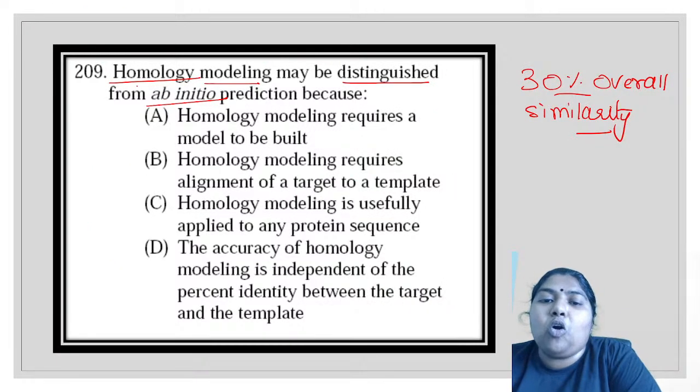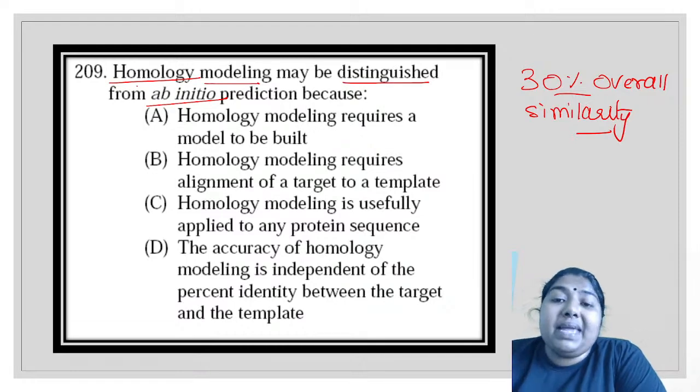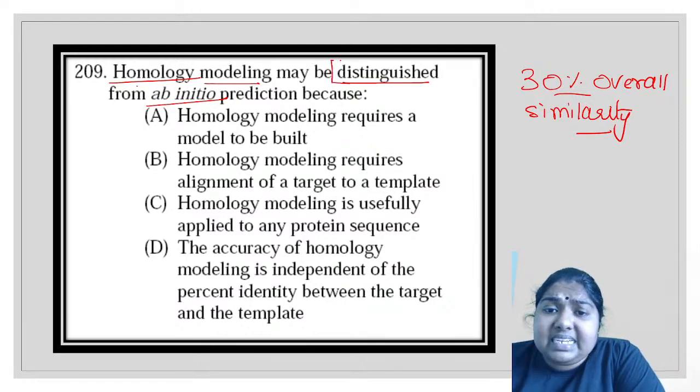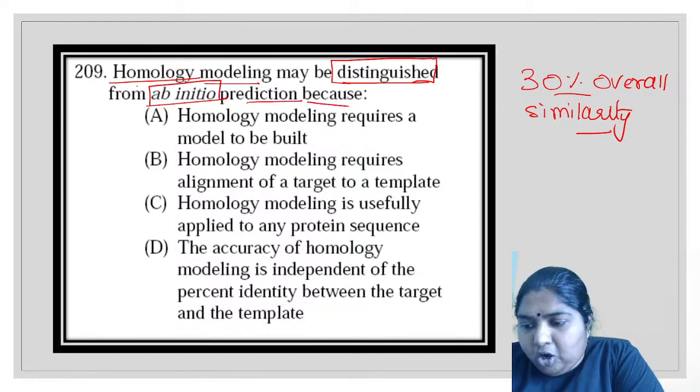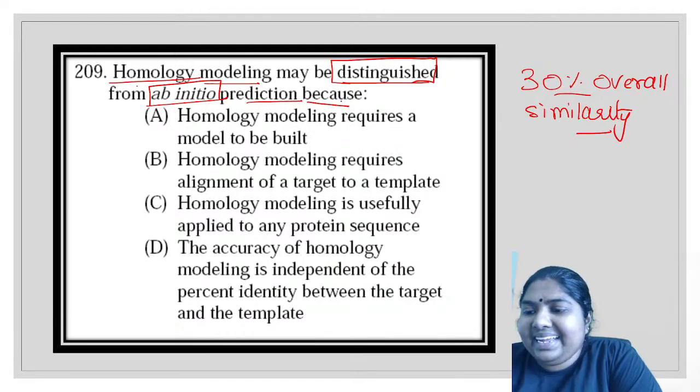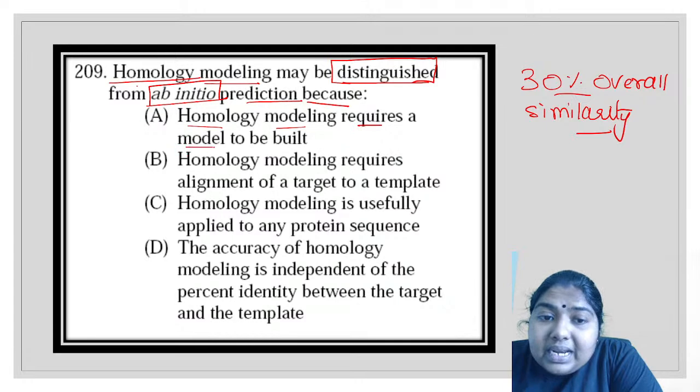Now, this homology modeling may be distinguished from that of the ab initio model. Because, why? How come they are going to distinguish? Homology model requires a model to be built.